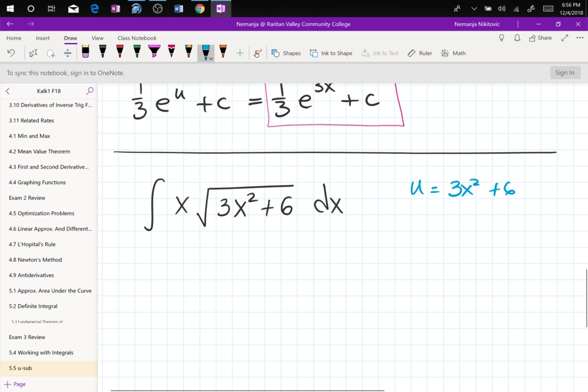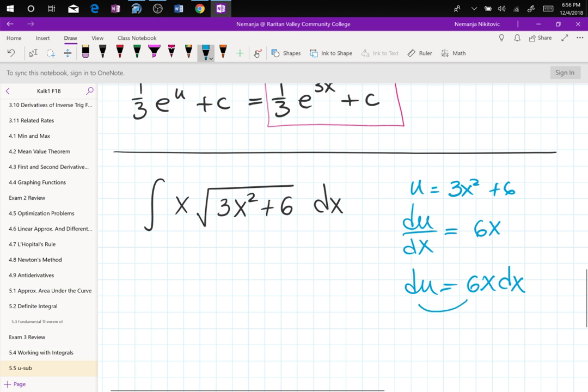And the du over dx, in this case, is 6x, giving me that du is 6x dx. Note that I don't have 6x dx. I have x dx. I can fix the issue with 6.